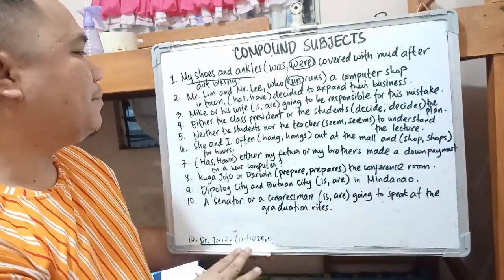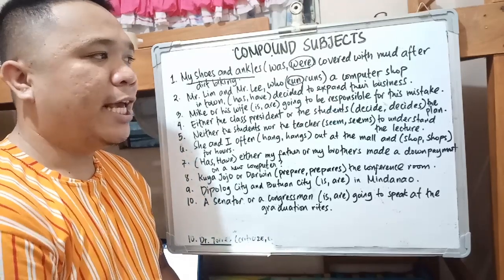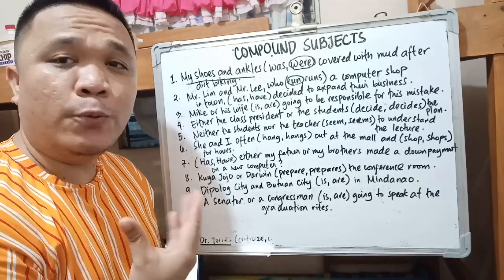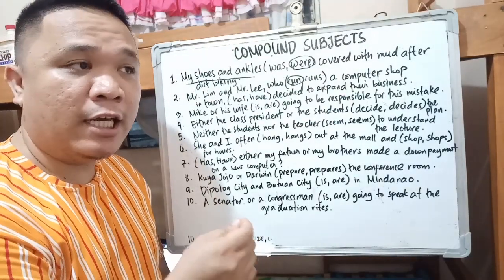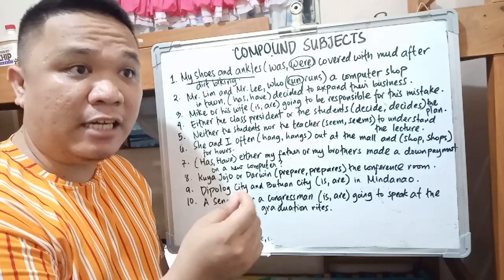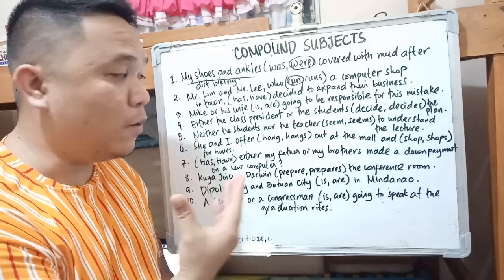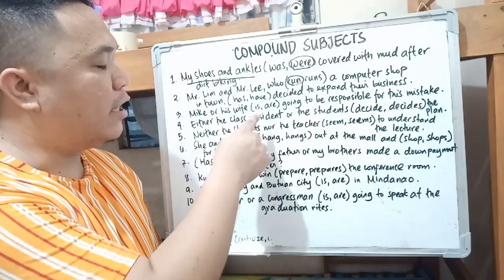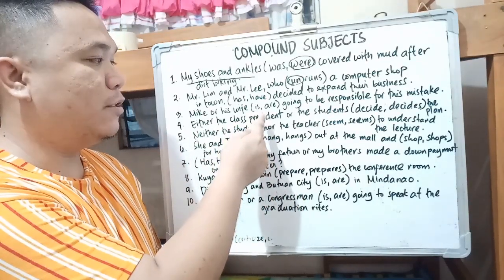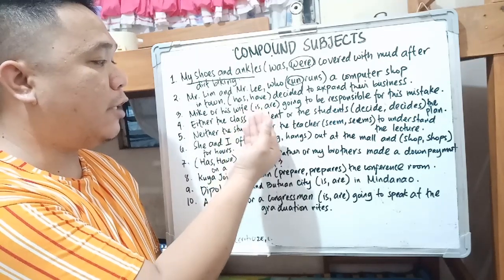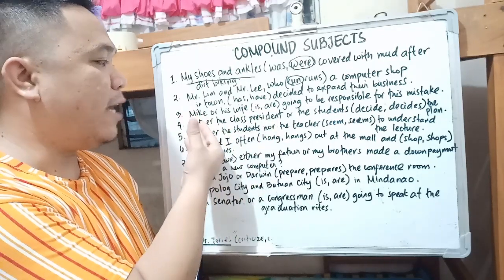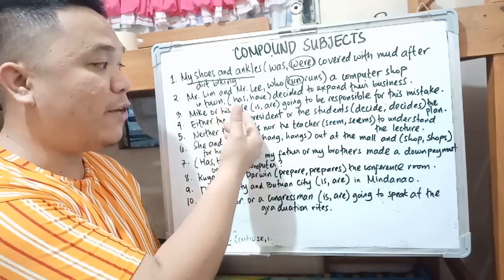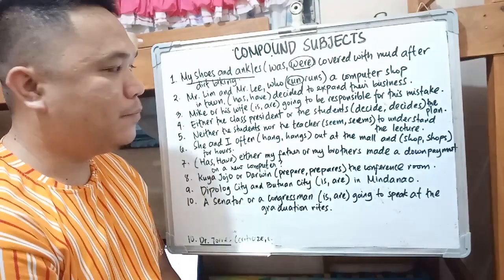Okay, next. Number 3. In your sentence, if the subjects are joined by or, the rule is you have to choose the subject that is near to the verb. If you look at this one, Mike or his wife. These are our verbs. So these verbs are near to what subject? If you look at it, his wife is near to the verb.